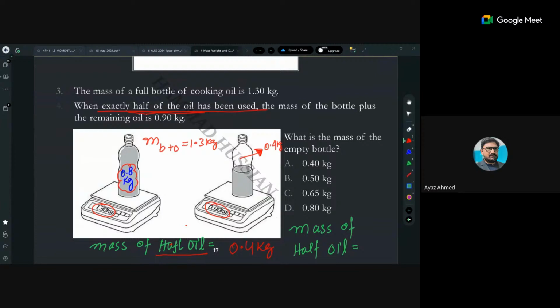It means if 0.8 kg was oil, then 1.3 kg is the total oil plus bottle. तो मैं ये कह सकता हूँ कि mass of bottle plus mass of full oil is 1.3. तो आपको mass of bottle निकालना है, तो it will be 1.3 minus 0.8, तो it would become 0.5 kg. Yes.